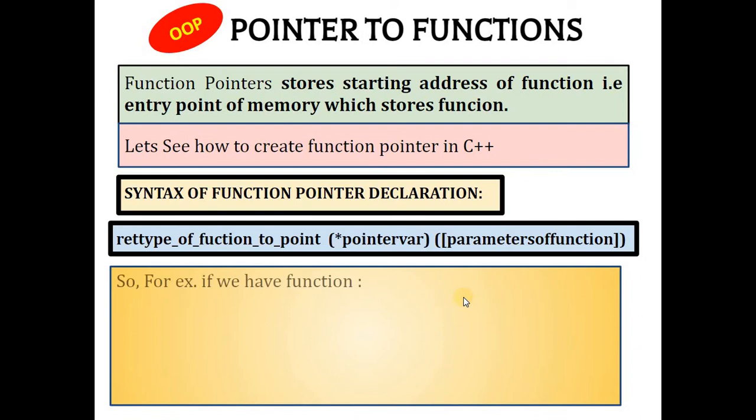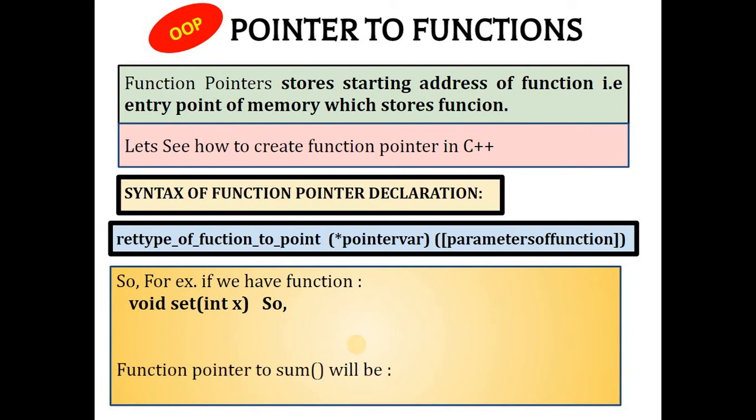For example, if we have a function void set with an integer x as a parameter, to define a pointer that is going to point to this function, we declare it this way: the return type is void, then asterisk and the pointer variable name, and the parameter of the function. As this function has an integer parameter, it will be int.